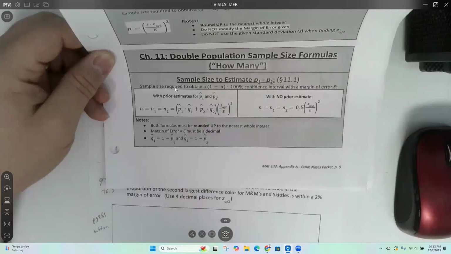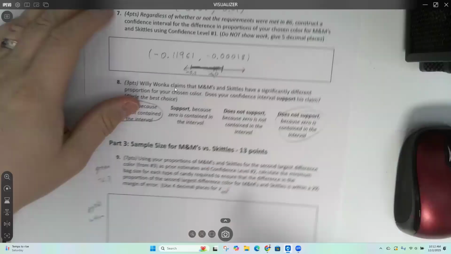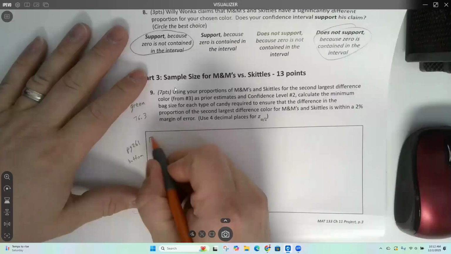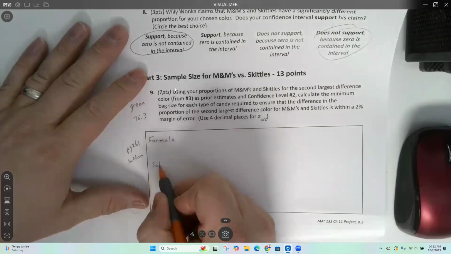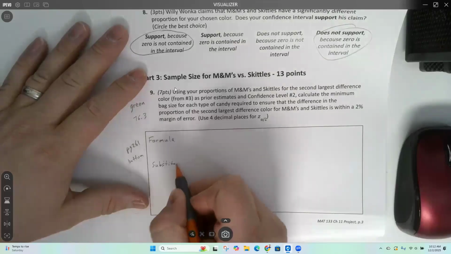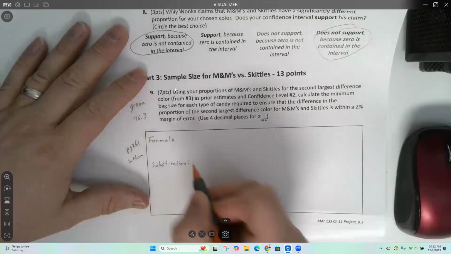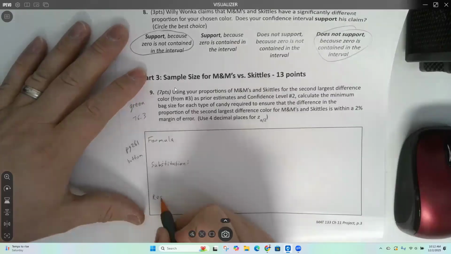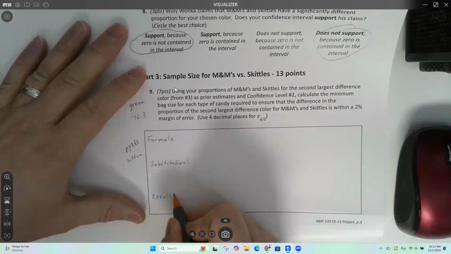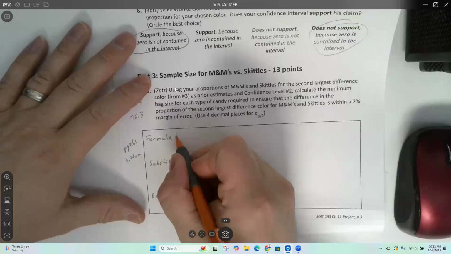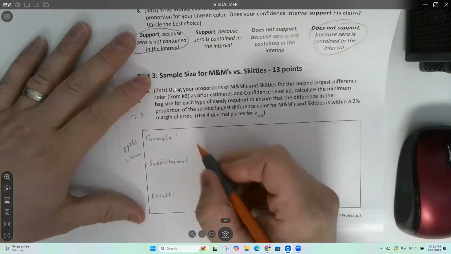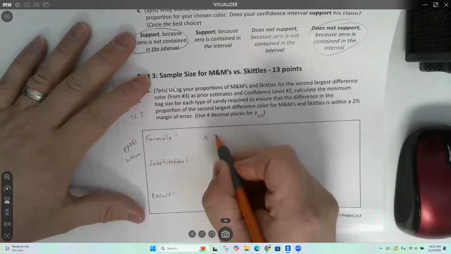Okay, so we need the formula, do some substituting, and we'll get our result. The formula here is n equals.